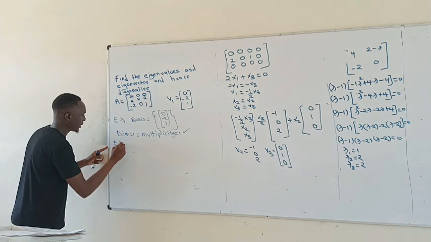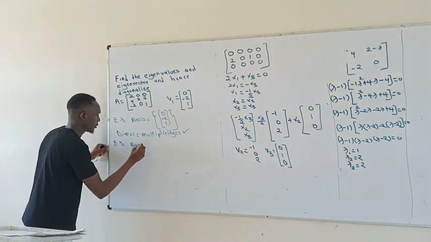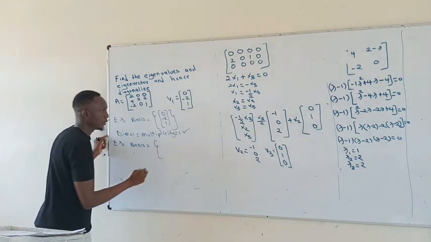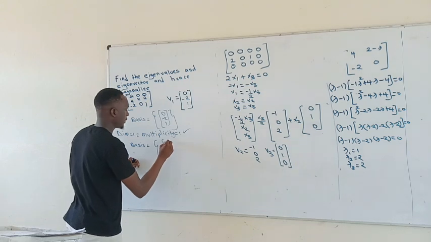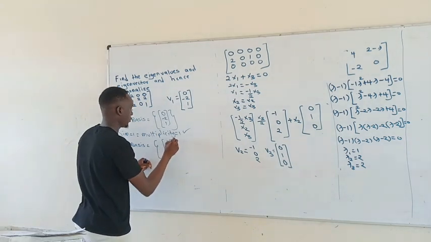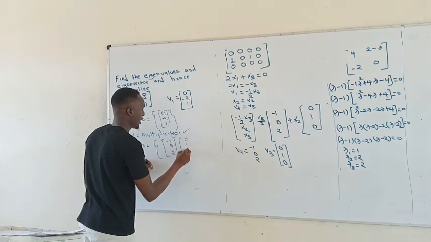The eigenspace of lambda 2 has a basis equal to negative 1, 0, 2, and 0, 1, 0.